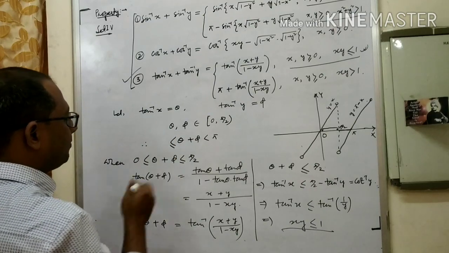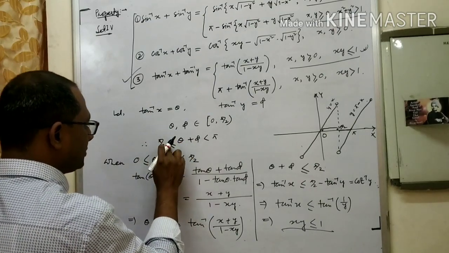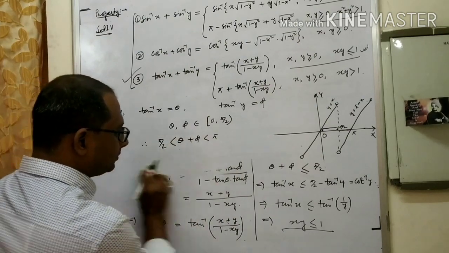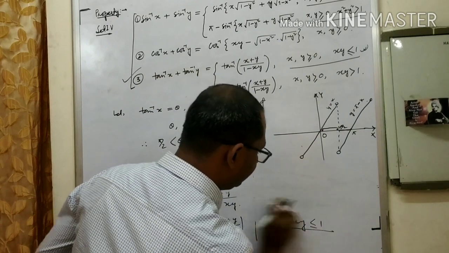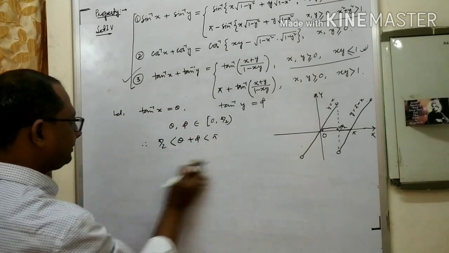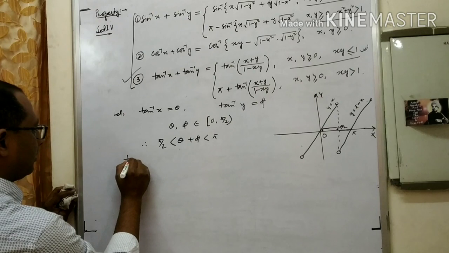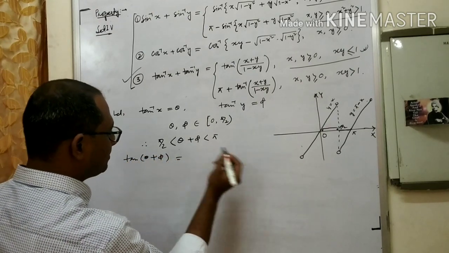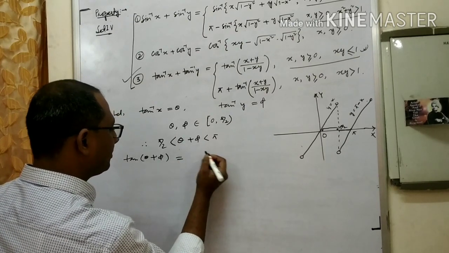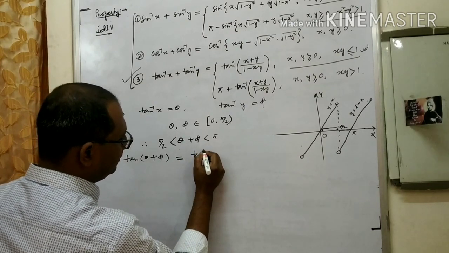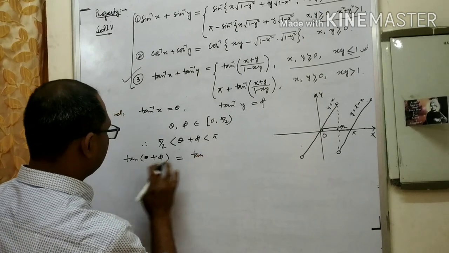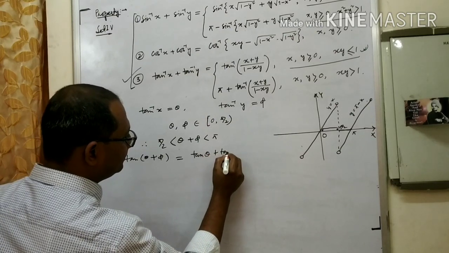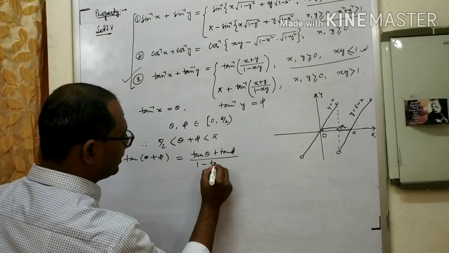When theta plus phi is lying between pi by 2 and pi, then tan of theta plus phi will be equal to the right hand side, it will come the same: tan theta plus tan phi by 1 minus tan theta tan phi.